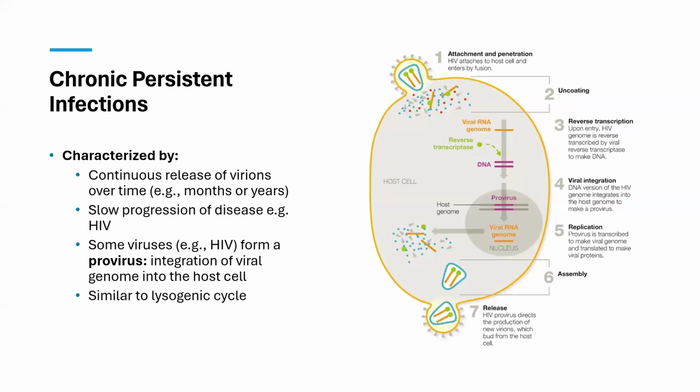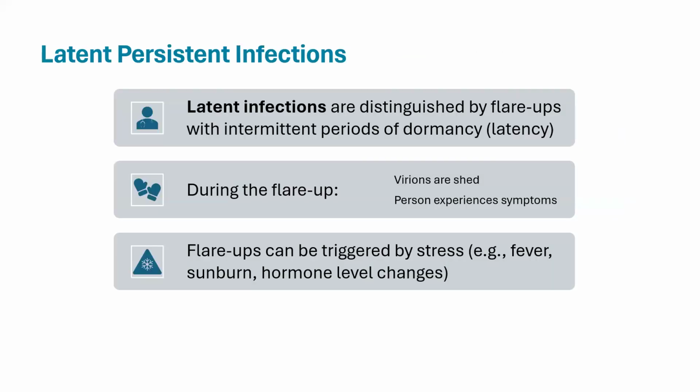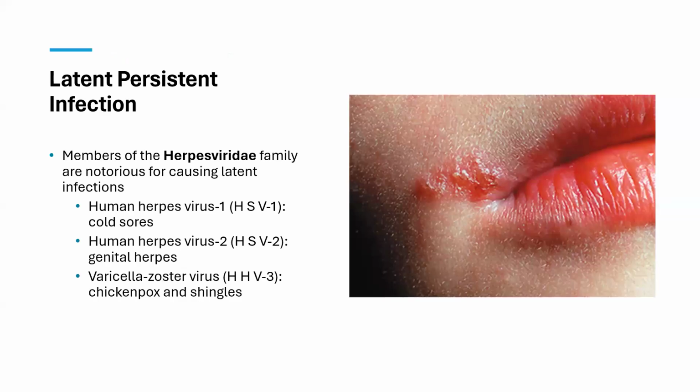Oftentimes, the chronic infections will just slowly ramp up the infection level without the need for stress. But latent persistent infections are often very much driven by stressors like fever or sunburn or changes in hormones. A big example of this would be something like the herpes viruses.